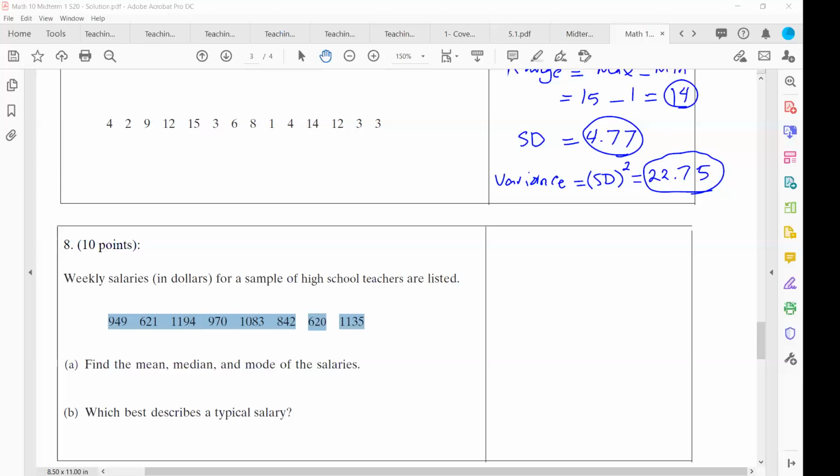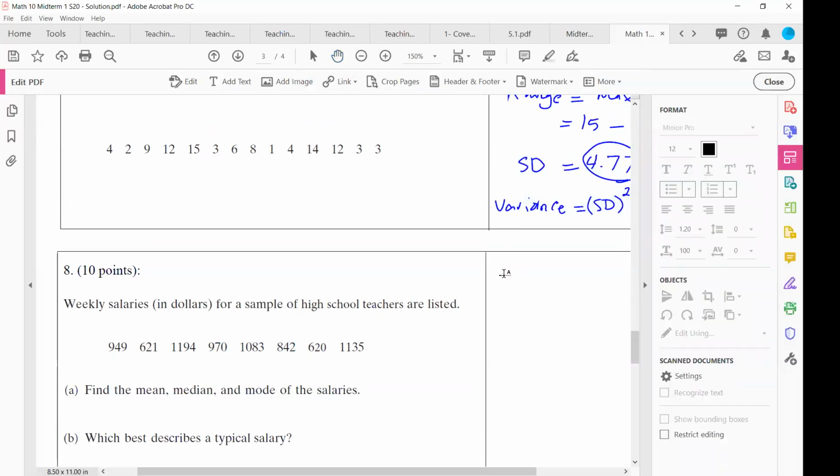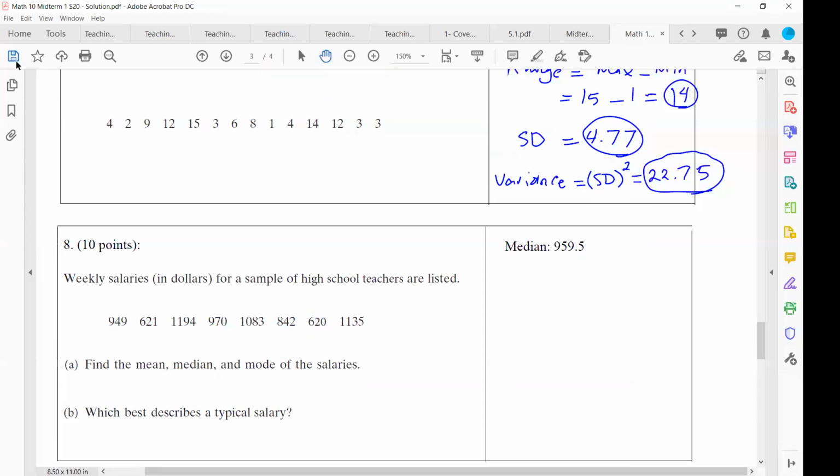So median seems to be, let us add the text here for you. This is your median. Let us find the mean as well.